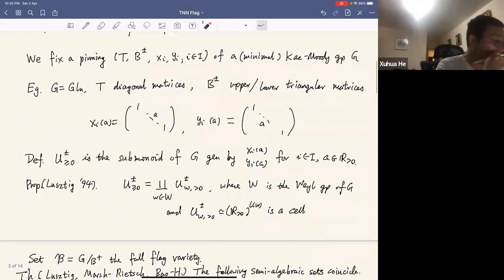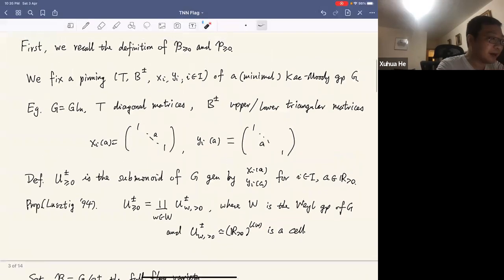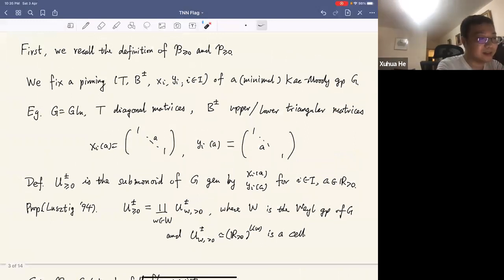A particular example is that we can think about G as just GL_n, and T as just the diagonal matrices, and B plus and B minus are just the upper triangular and lower triangular matrices. And so we have x_i just the identity matrix with only one a above the diagonal, and y_i with only one a below the diagonal.